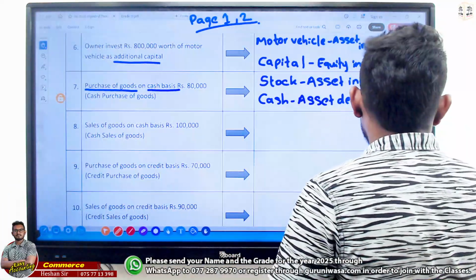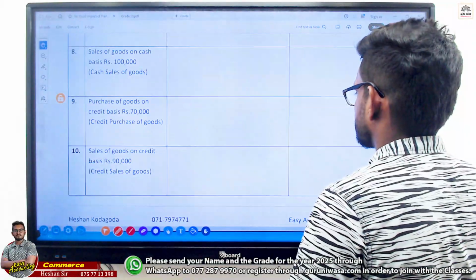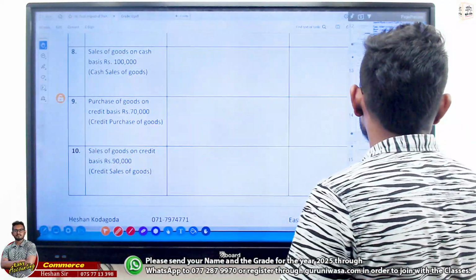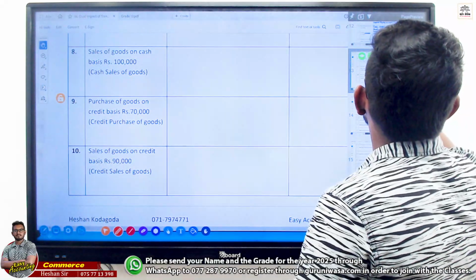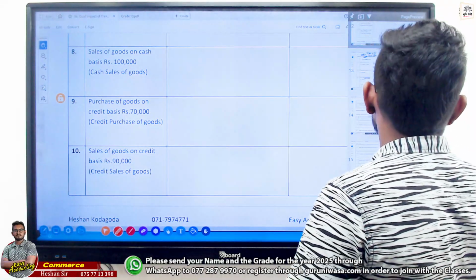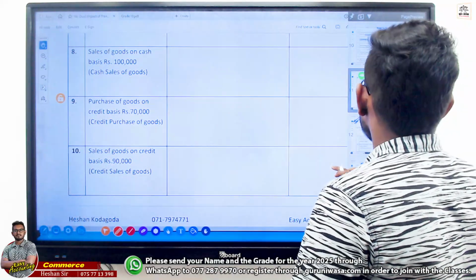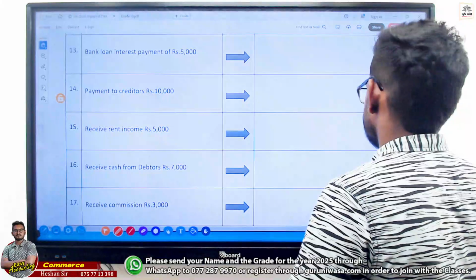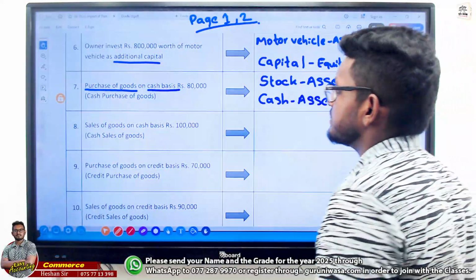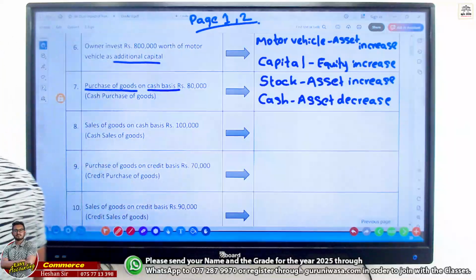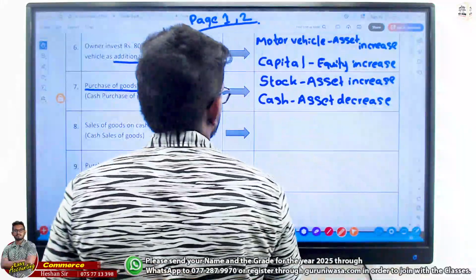Right. Let's go to number 8. Number 8 in here, page number 1. As well as in here, page number 9 or 10.